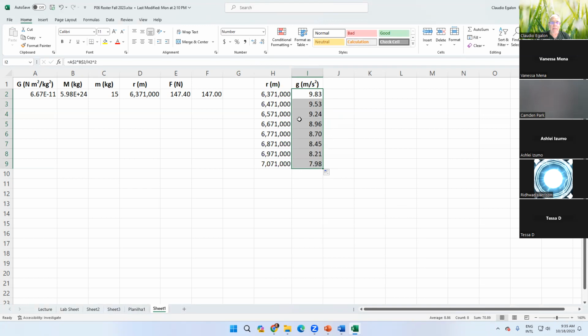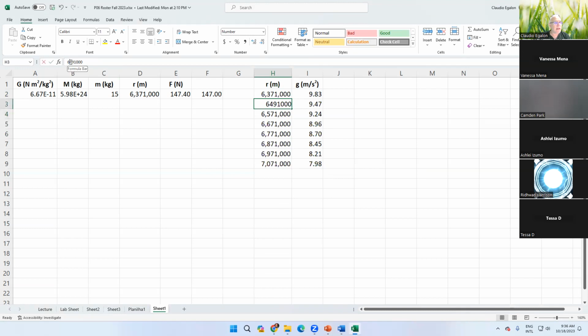Let's do, yeah, 100 kilometers is too fast. Let's put 20 kilometers so you can see. 100 kilometers is too much. Let's put every 20 kilometers.